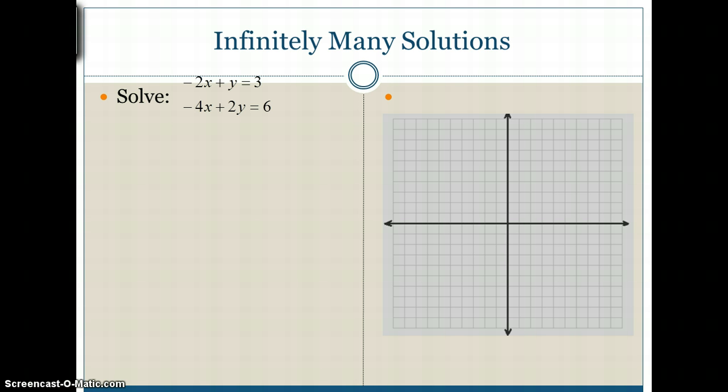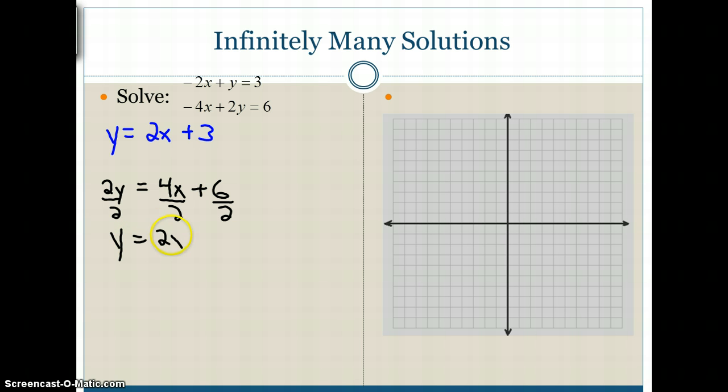As we take a look here, we'll go ahead and graph this. This first one, I get y equals 2x plus 3. The second equation, I end up with 2y equals 4x plus 6. Then I have to divide everything by 2. Y is equal to 2x plus 3. As we notice, both of these are the same.